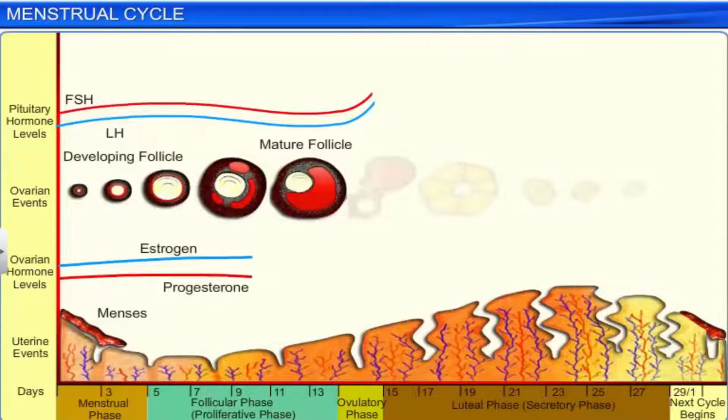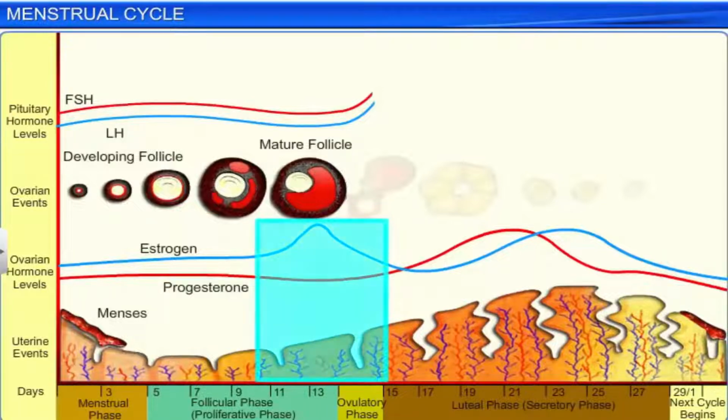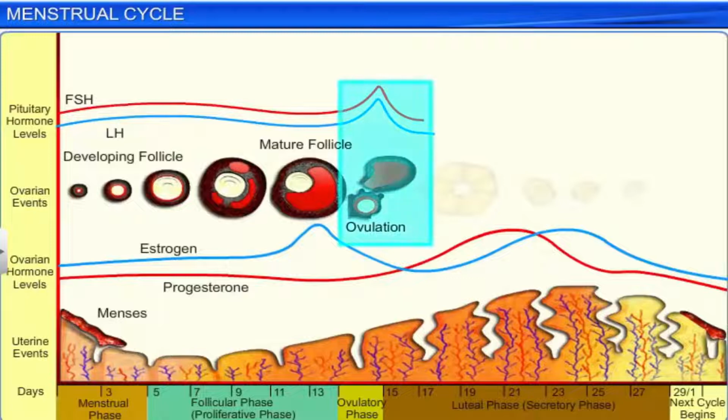Moreover, LH and FSH stimulate the maturing follicles to release estrogen, a hormone that helps in the proliferation of the endometrium. The increased levels of estrogen, in turn, cause the anterior pituitary gland to release a surge of LH and FSH, so much so that by the ovulation stage, the levels of FSH and LH in the blood are at their peak.